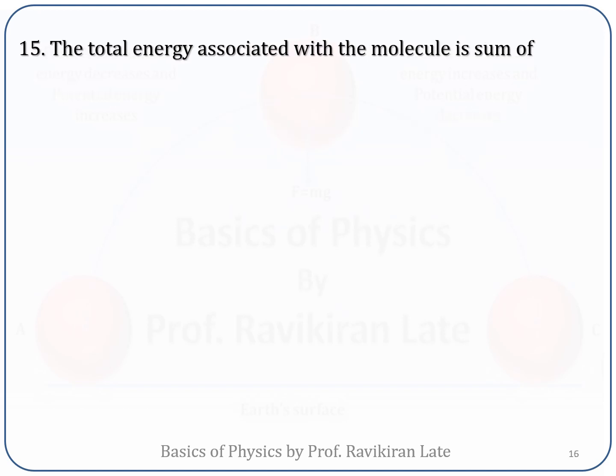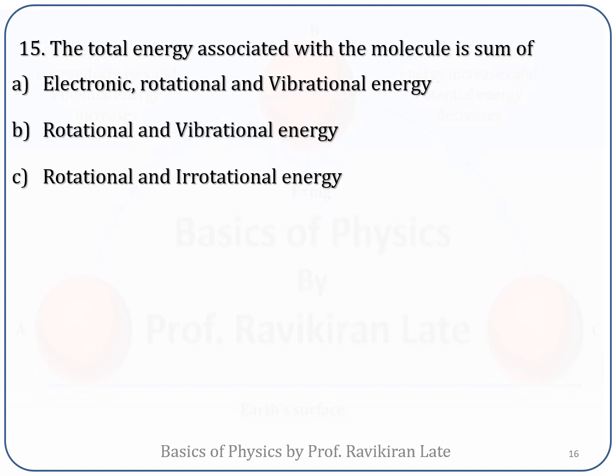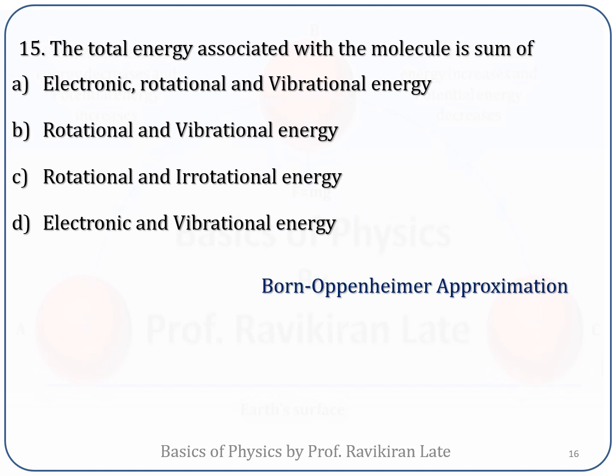The 15th question: the total energy associated with the molecule is the sum of option A electronic, rotational and vibrational energy, option B rotational and vibrational energy, option C rotational and irrotational energy, option D electronic and vibrational energy. Now we have studied the Born-Oppenheimer approximation and the Franck-Condon principle.